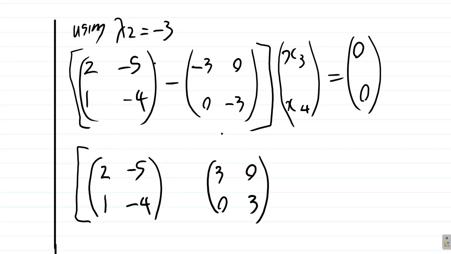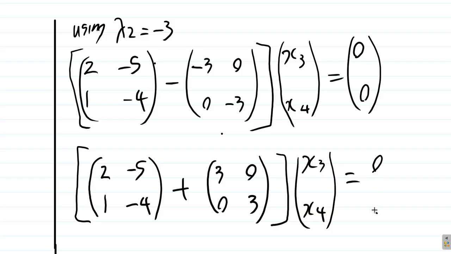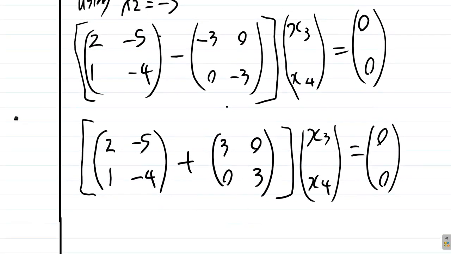So we say plus, x3, x4 equals 0, 0. Now, it's a bit easier to work with this, and you're less likely to get your brain mixed up and make mistakes if you just work with this instead of saying minus negative, especially if you're under exam pressure.